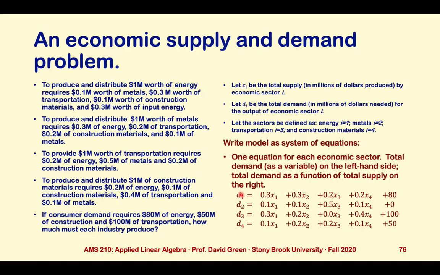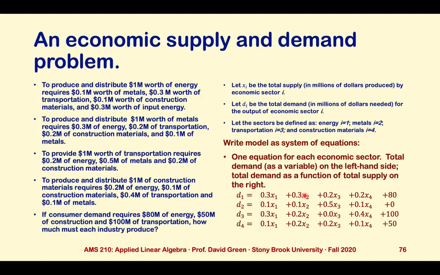So what's the demand for 1? Remember, 1 was energy. The demand for energy partly comes from production of energy. If we are producing $1 million worth of energy, or however many millions of energy, x1, each $1 million worth requires 0.3 of energy, so there's a demand of 0.3 times x1 here.